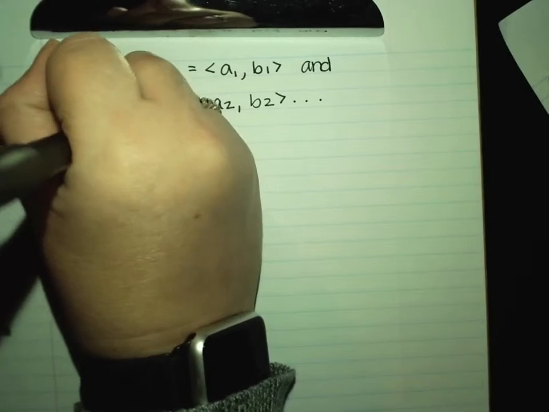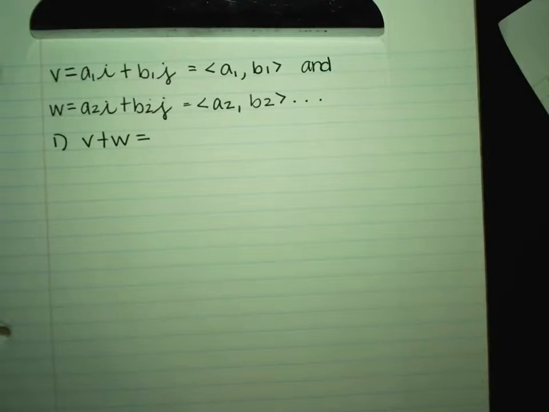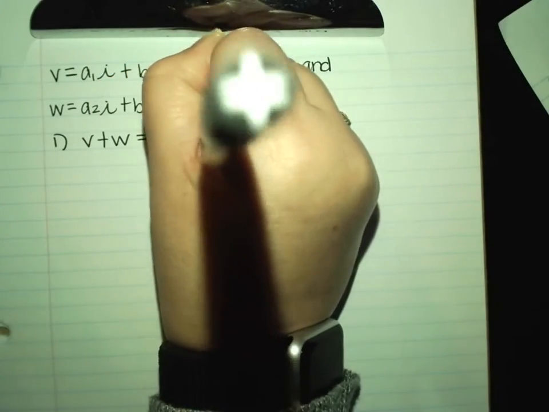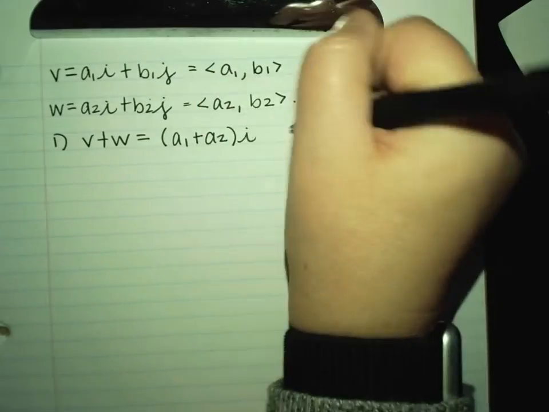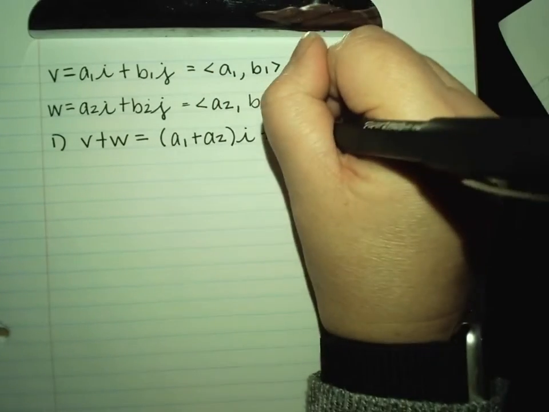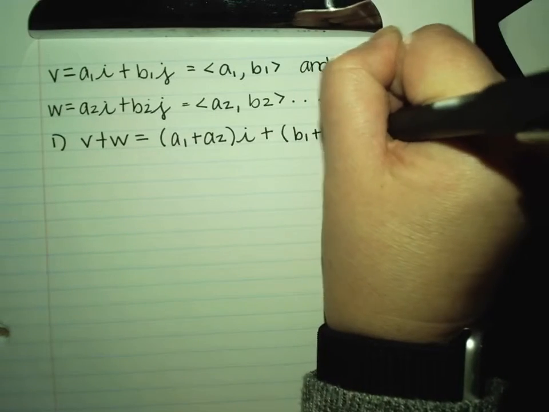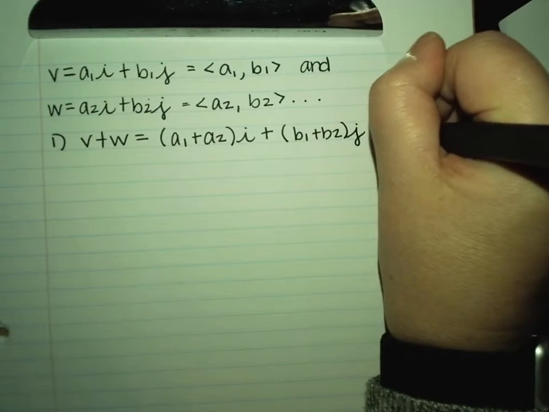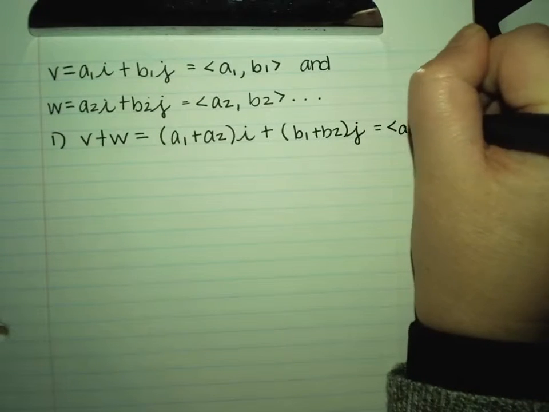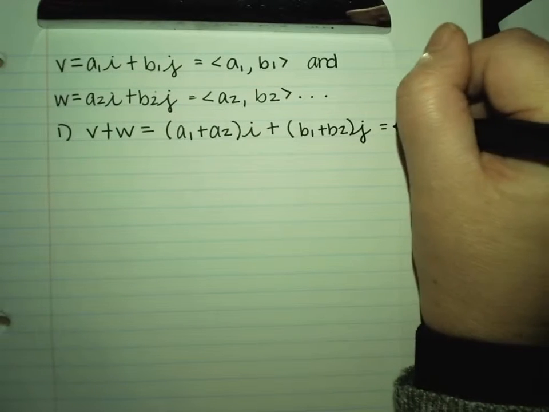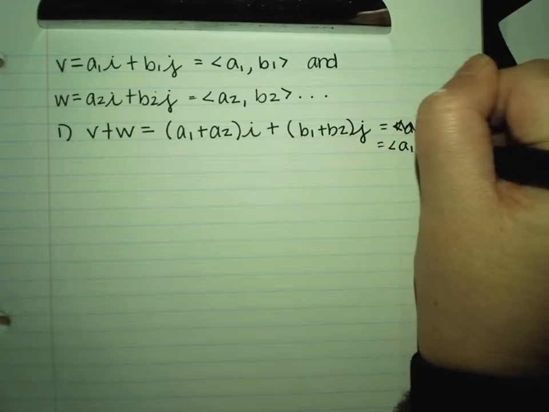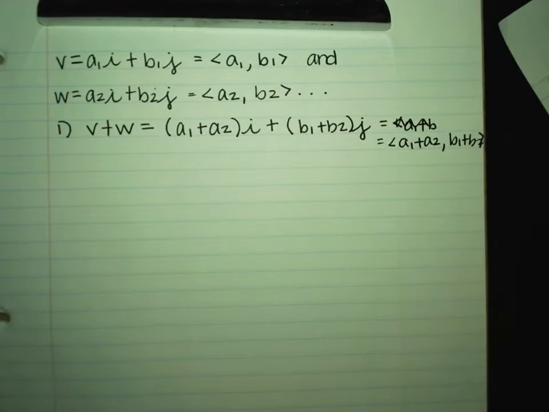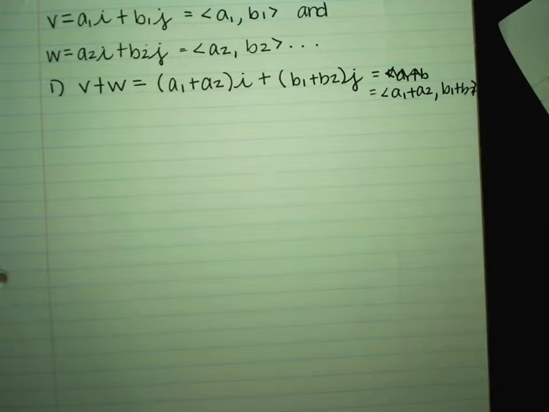The first one, V plus W is equal to the quantity A1 plus A2 I plus the quantity B1 plus B2 J, which is equal to A1 plus A2, comma, B1 plus B2. Totally ran out of room there, sorry.